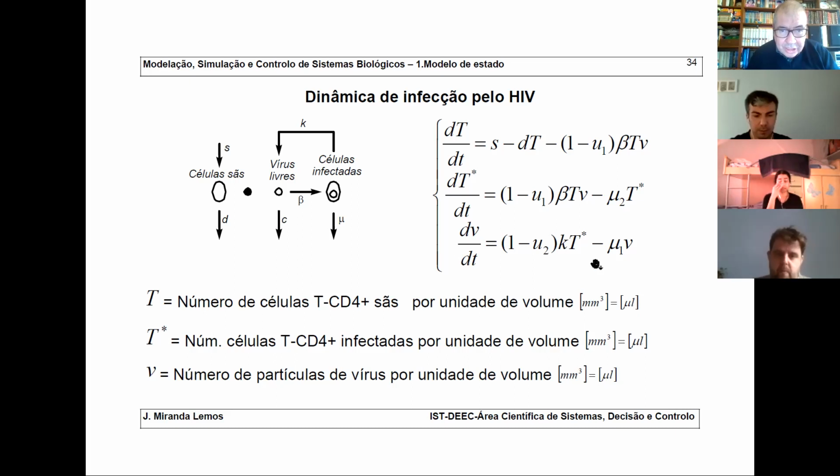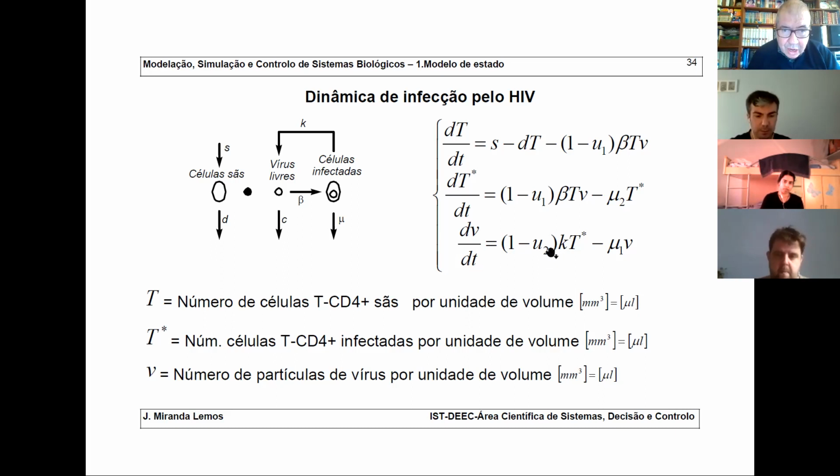And the last equation is the equation for the concentration of the virus particles. It's proportional to the number of infected cells. The more infected cells you have, the more virus you are producing per unit time.